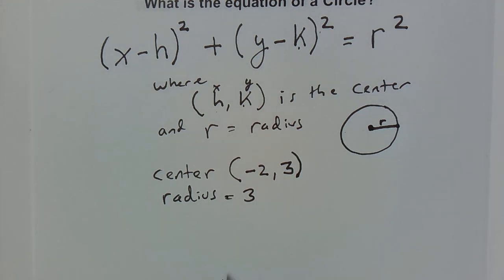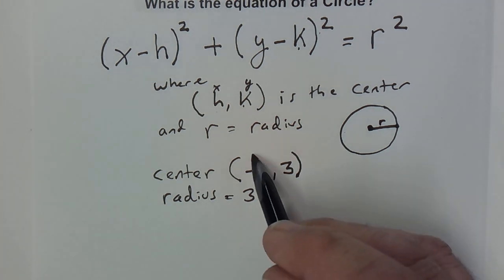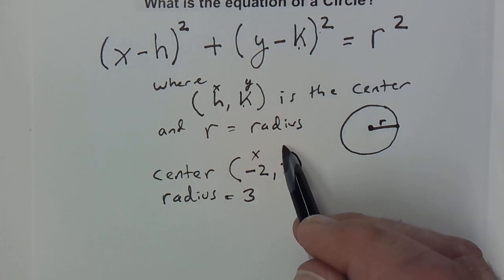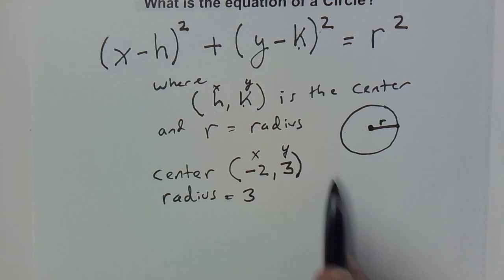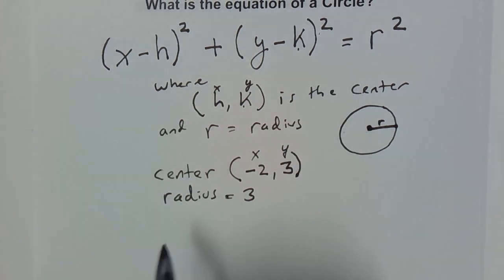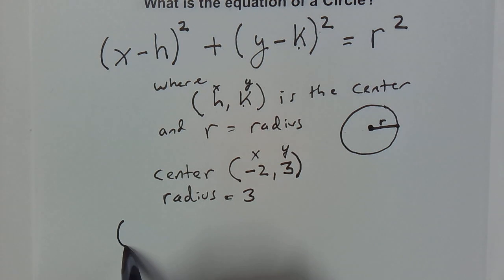So can we write out the equation for this? Of course, we know that this is the x coordinate and this is the y coordinate. I'm going to write out this equation, leaving some space to fill it in.